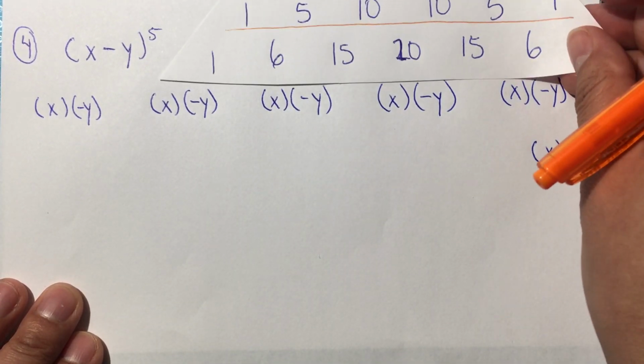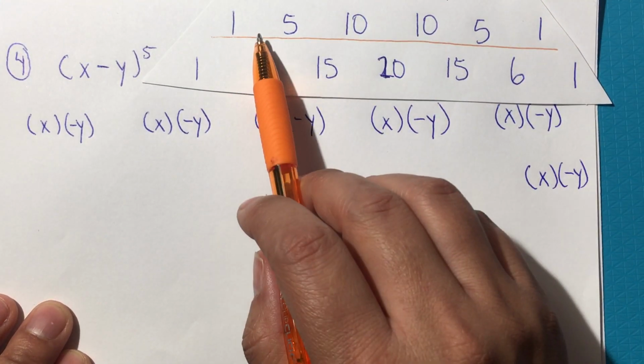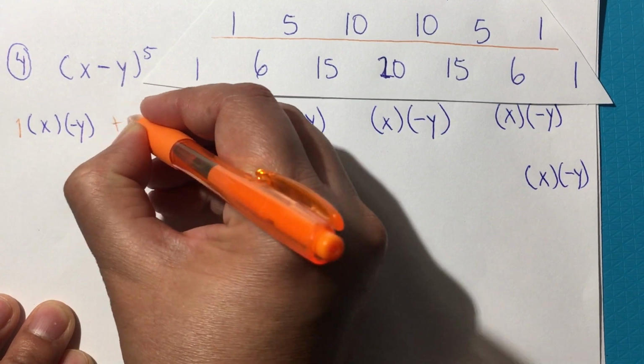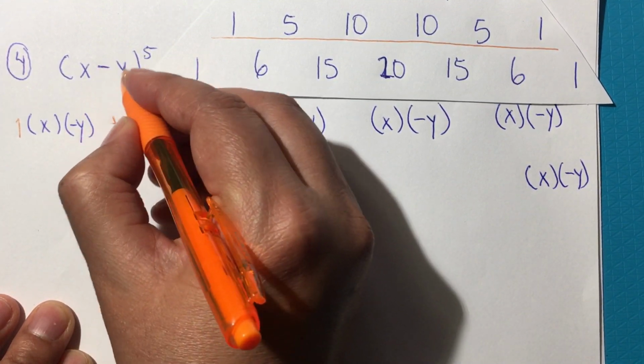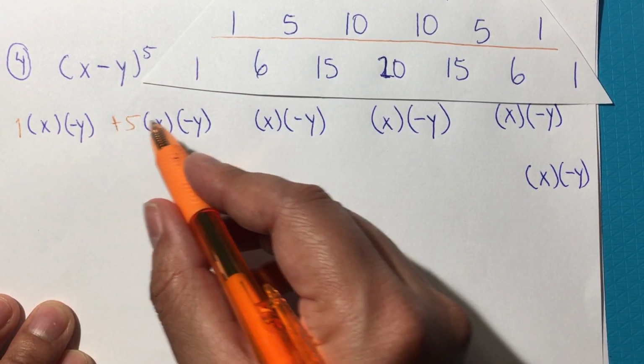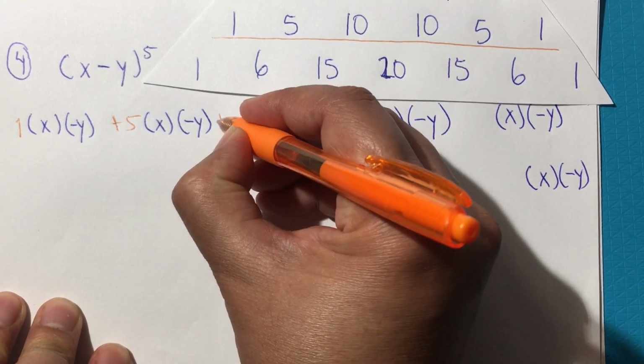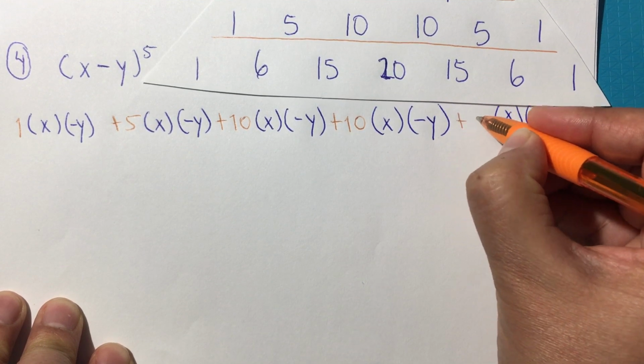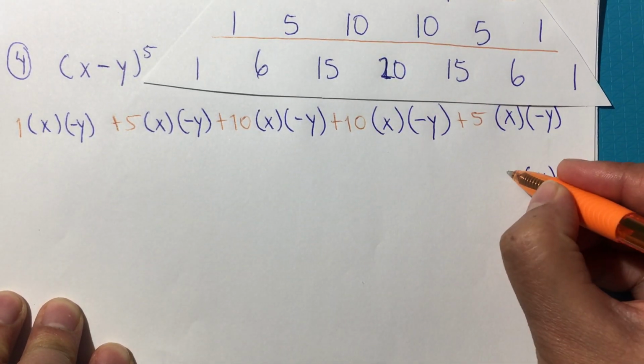For the coefficients, since we have a 5 in there, again, we're going to use this row. So 1, 5. And even if we have a negative in here, it continues to be plus for the coefficients. Plus 10, plus 10, plus 5, and plus 1.